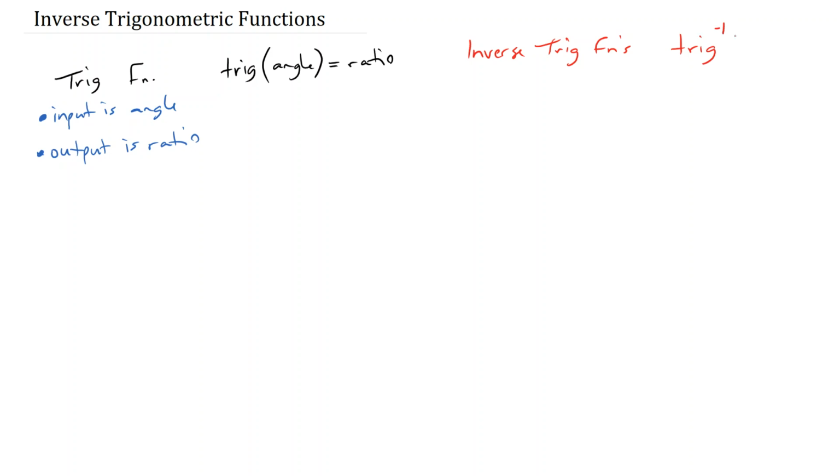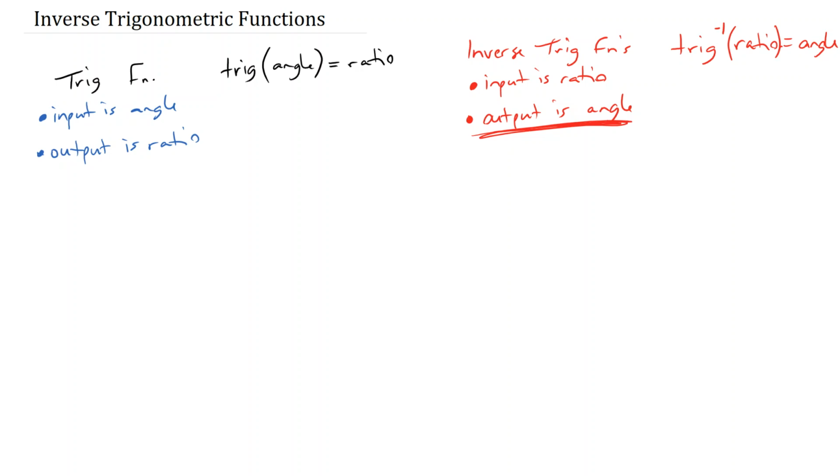Trig inverse of, the input now is a ratio, and the output is an angle. So these are really cool because they output an angle. You can find missing angles using inverse trig functions. But there is an issue.